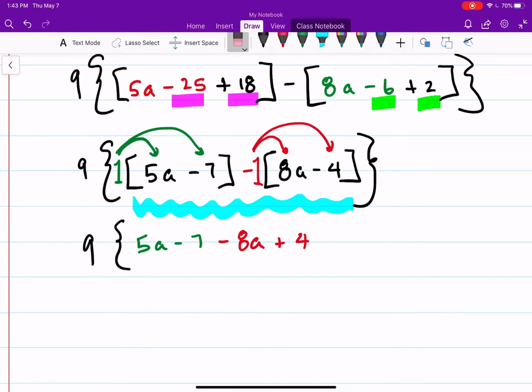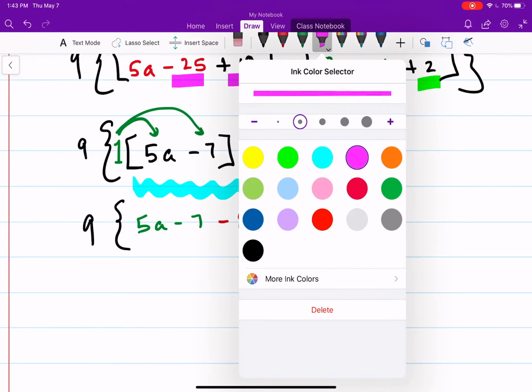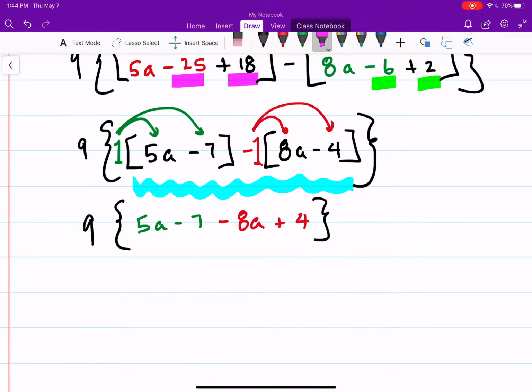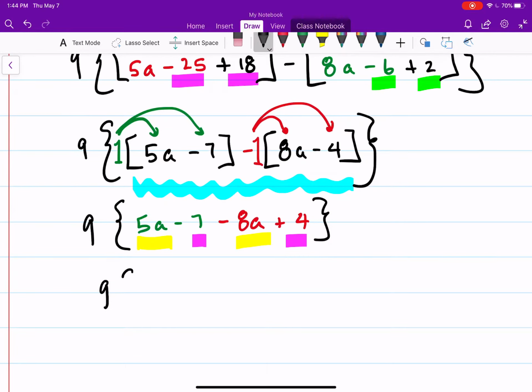That is the best squiggly ever. There we go. All right, so now those two square brackets are gone. So now everything is in one parentheses. So now again, I have like terms, right? I got those two, and I have these two. So that means I got 9, and this is going to be a -3a minus 3.